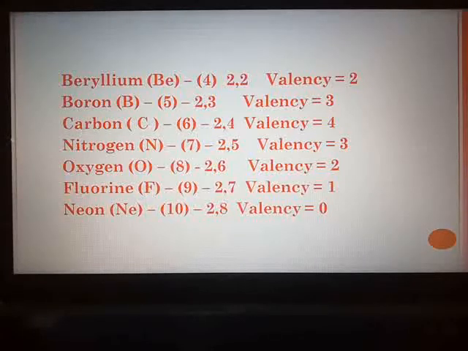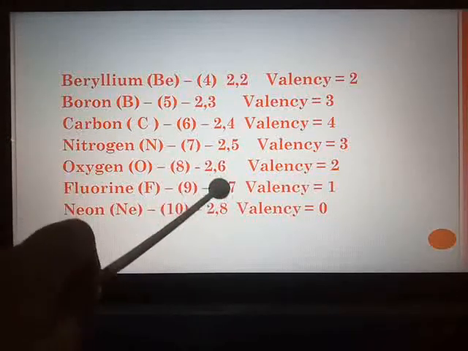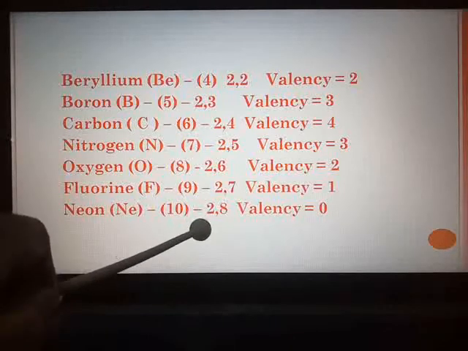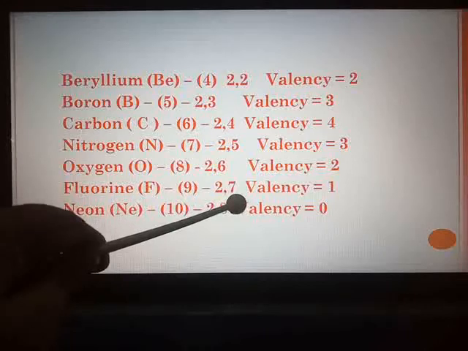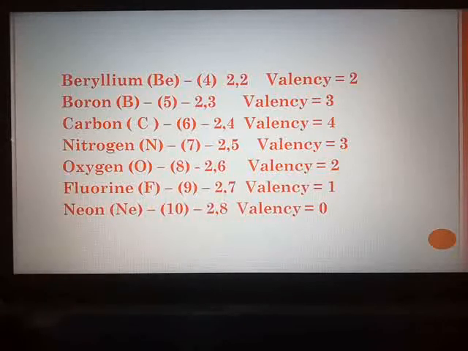And then as you proceed ahead with elements of higher atomic numbers, then will come your 3 shells. Now suppose the next element is sodium after this, having atomic number 11. So 2, 8. Will you write 2, 9? No. 2, 8 and the one more electron which is there will go in the third shell.